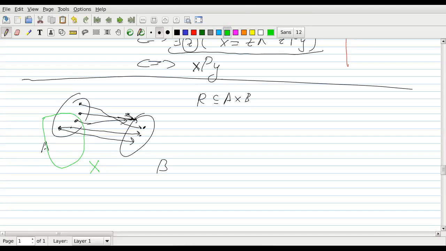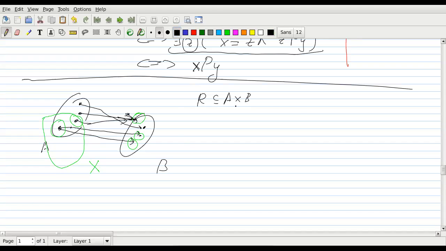Where do the arrows which begin in X end? So what are their endings? If the beginning is in X, then the ending is this one, and also this one. Is it clear?